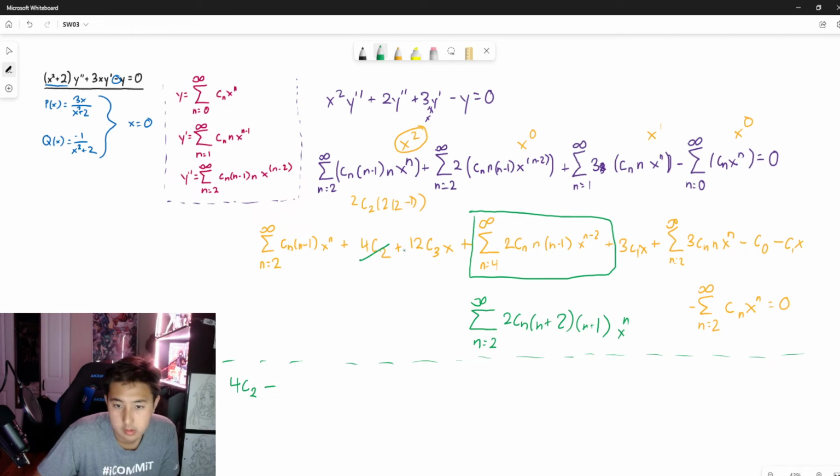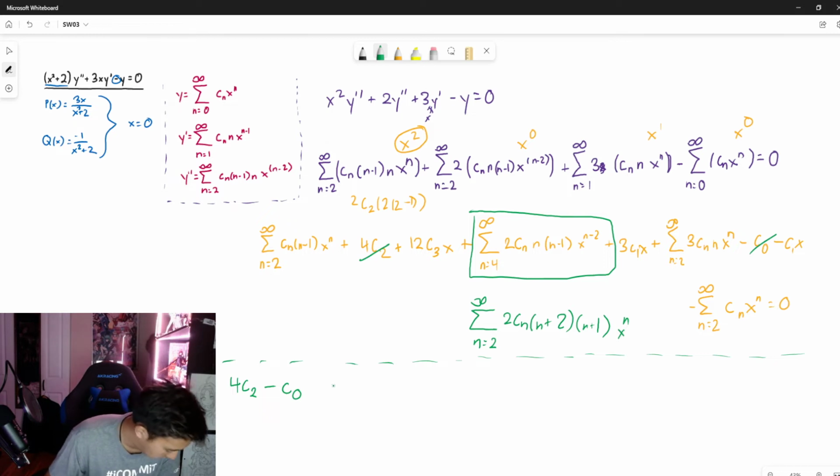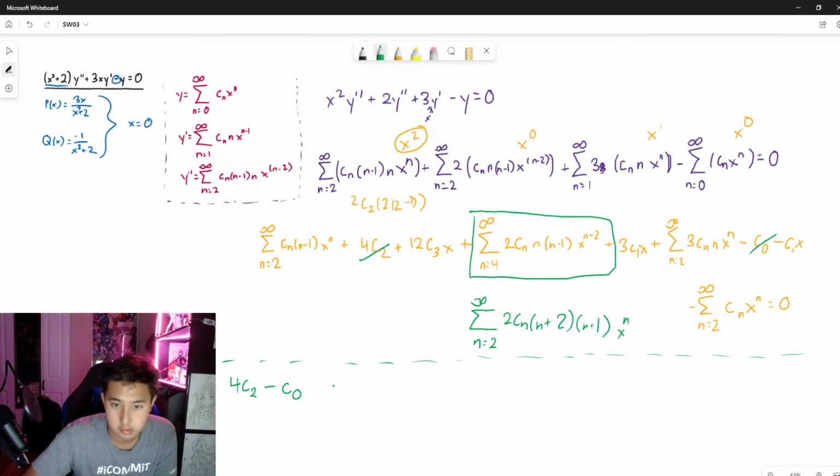minus, let's see, we have C0. We can get rid of that. So C0. We also have all the values. So those are all our single constants without x. Now we have the values with x. So let's see, I believe we have 12C3. There should be one more. There.